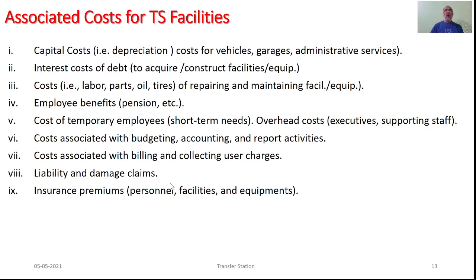So, for such a facility, there is a necessity to take into account a variety of direct as well as indirect costs.